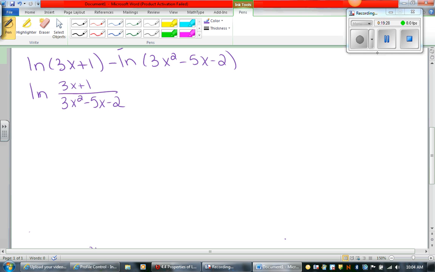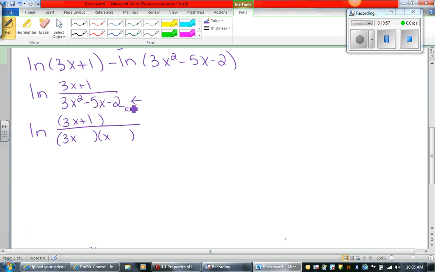What I'm thinking is I want to take this and see if I can simplify it. The first thing that pops into my head is that this probably factors. So ln of 3x plus 1 over. We know we're going to have 3x and x, and it's going to be 1 and 2 because my only factors are 1 and 2.